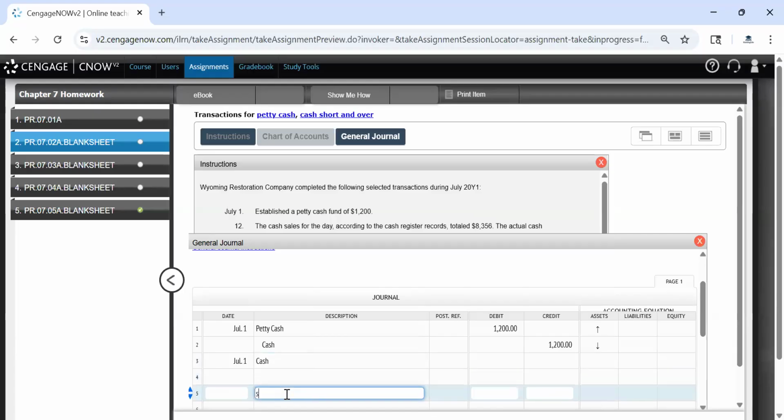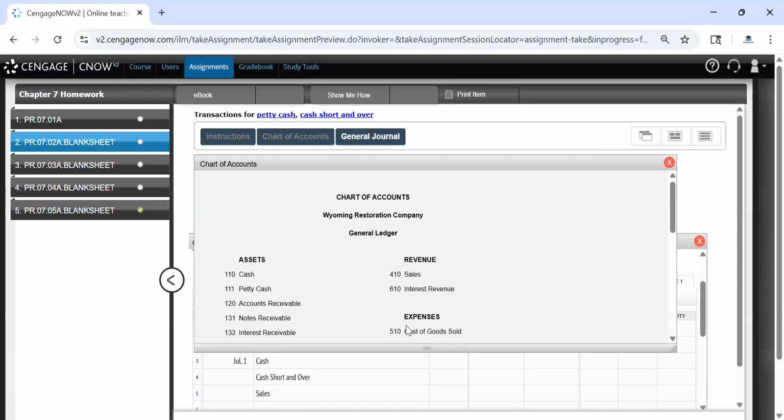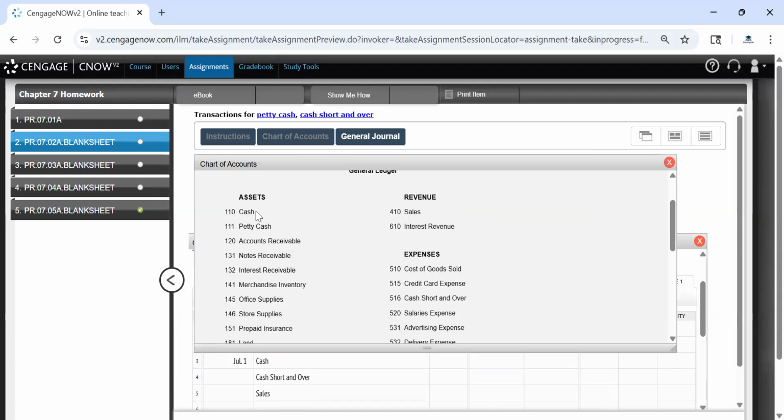And so we're going to have cash sales and cash short and over. In our chart of accounts, those are our three accounts that we need. And in our expenses, we have cash short and over.